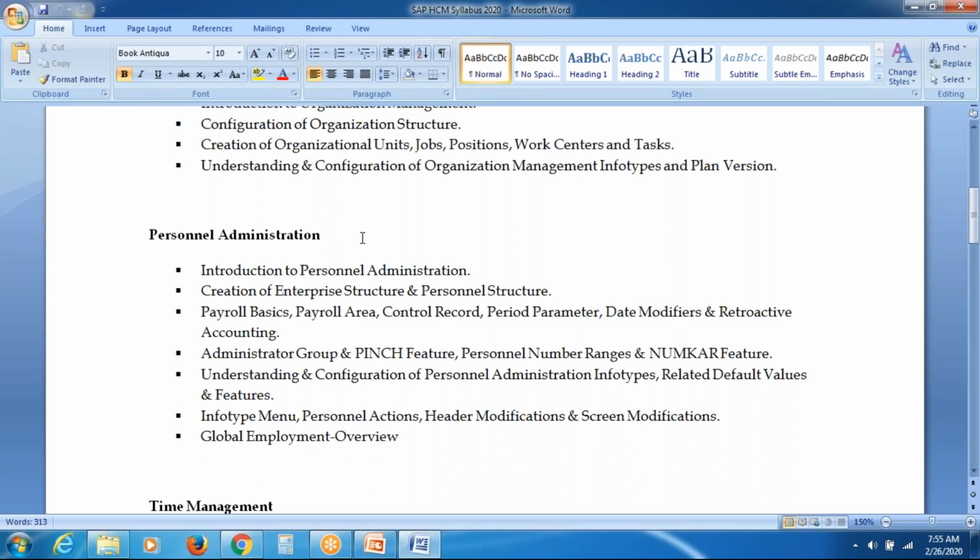It can be an SSN or anything else. And then collecting the other employee master data, like family members' details, education credentials, previous employment credentials. All the administrative related activities in the human resources department are taken care of by the personal administration department.